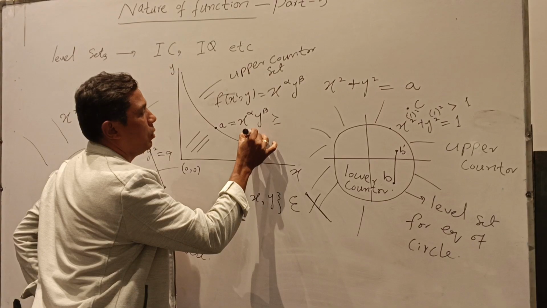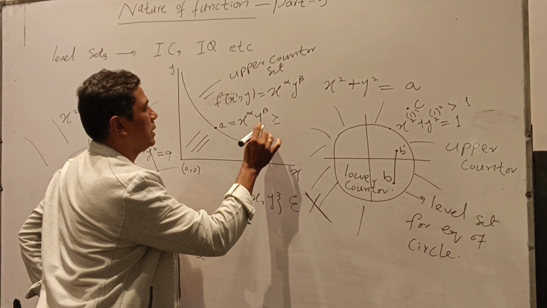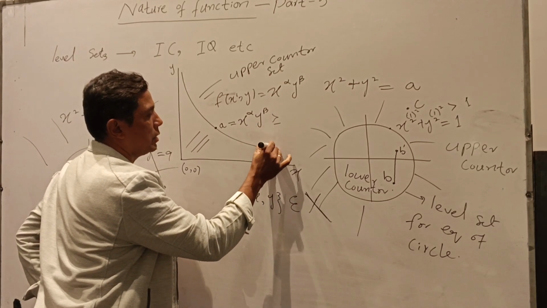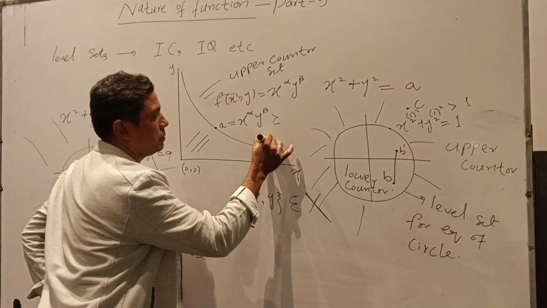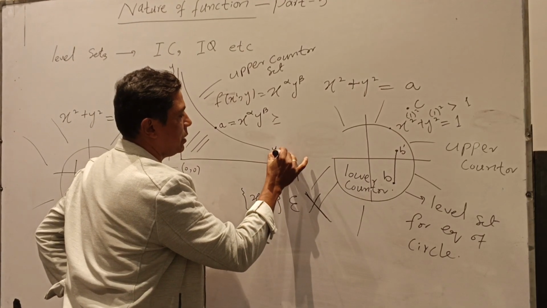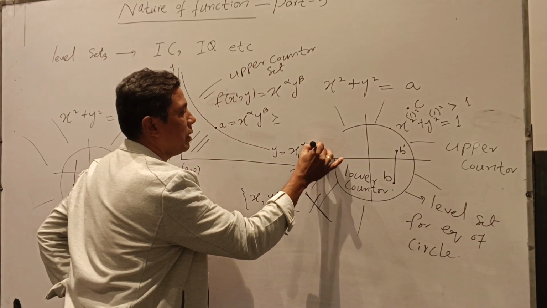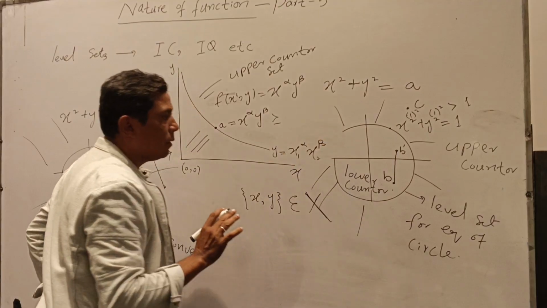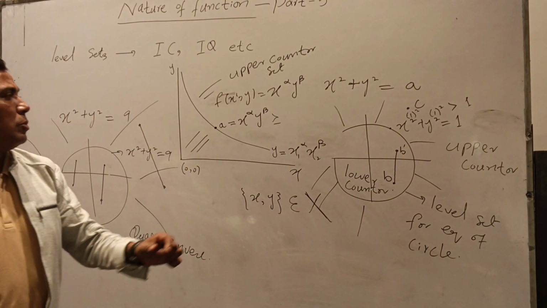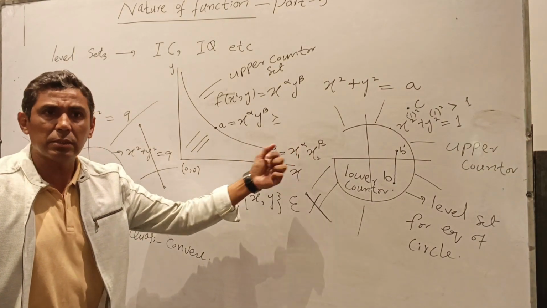We said y equals x1 to the alpha and x2 to the beta, for example, a normal Cobb-Douglas production function. So now these are the elements of X.